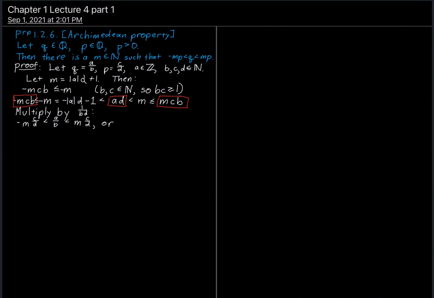Then we remember what C over D and A over B were. Minus MP is less than or equal to Q is less than MP. And if you check carefully, you can see that the strict less thans are indeed strict. AD is strictly less than M. That's why we bothered adding the 1 in here.